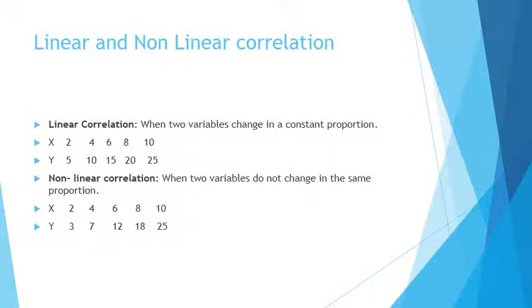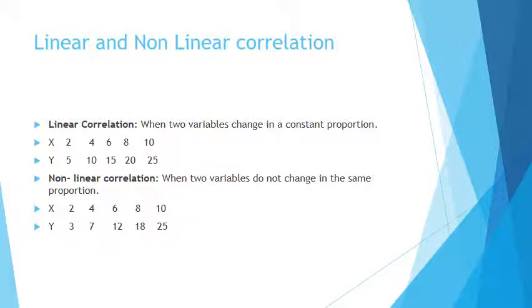Linear and non-linear correlation. Linear correlation. When two variables change in a constant proportion, it is called linear correlation. If the two sets of data bearing fixed proportion to each other are shown on a graph paper, their relationship will be indicated by a straight line.